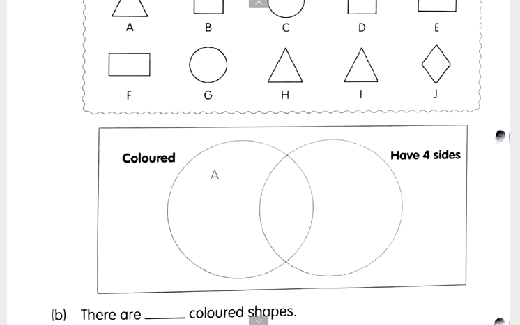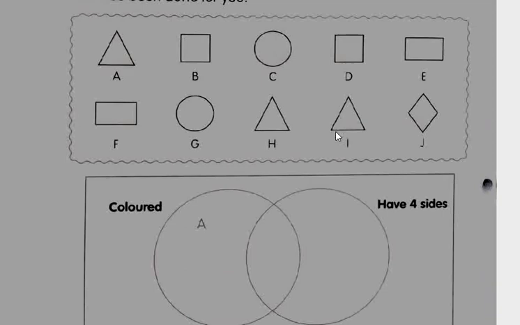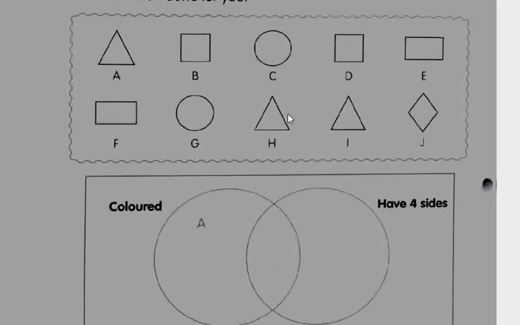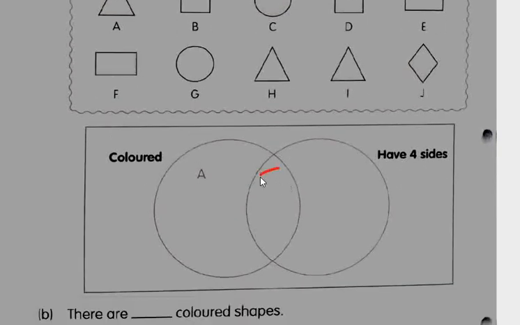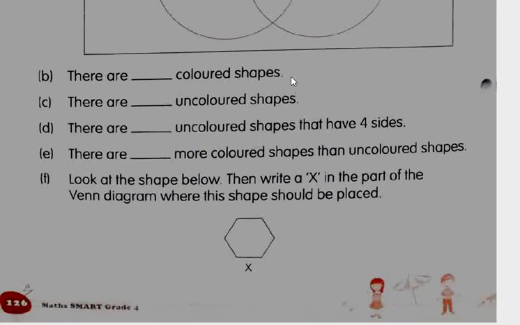And what about this one? Yeah, the part that is combined. The colored shapes that have 4 sides have to be filled here. Okay, I repeat, the colored shapes that have 4 sides would be filled here. All right, so after doing that, you can answer the questions here.